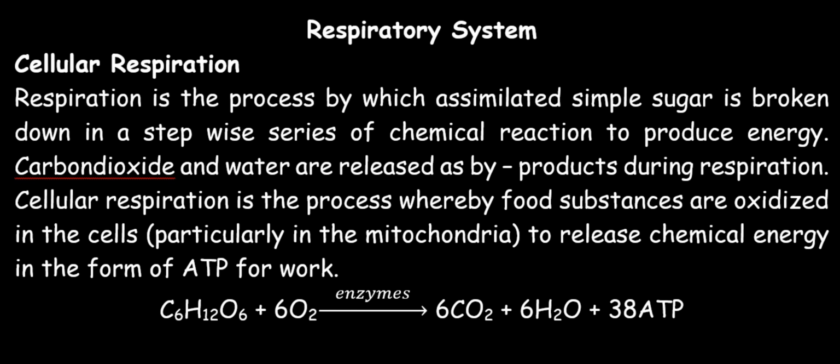Now, let's talk about types of cellular respiration. The types of cellular respiration include both aerobic respiration and anaerobic respiration. But in this video, we'll be covering that of aerobic respiration. What is aerobic respiration?